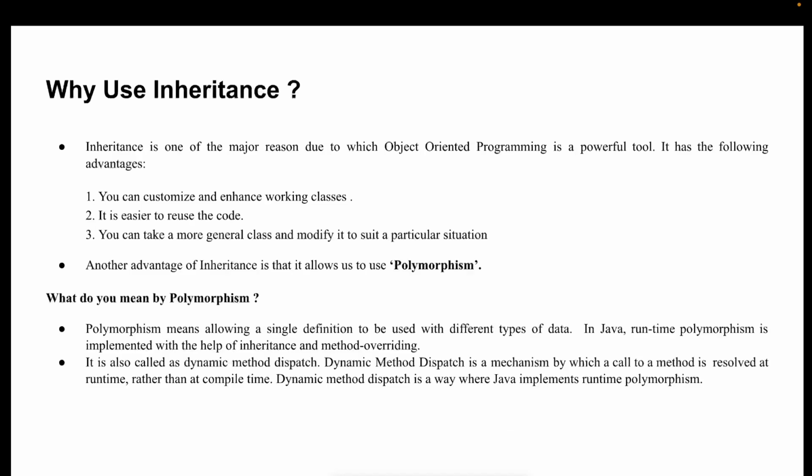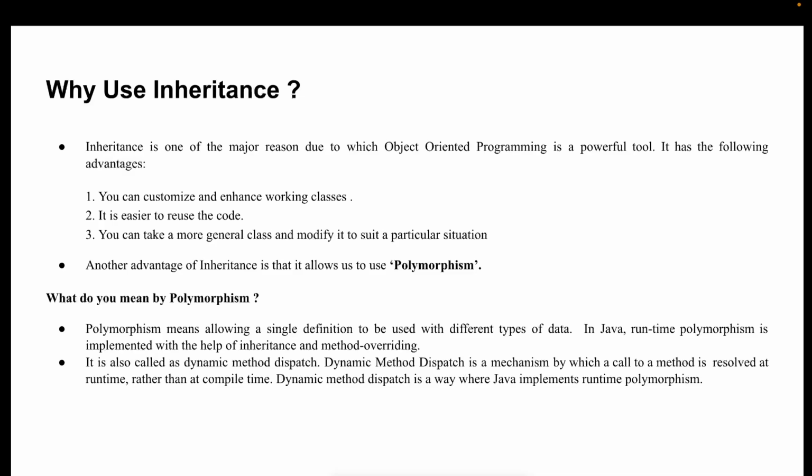So why do we basically use inheritance? Inheritance can be used to customize and enhance working classes. I already discussed this. It is also easier to reuse the code. The redundant or duplicate code which is common to most classes can be created in a single class, and then the child classes can reuse that code.